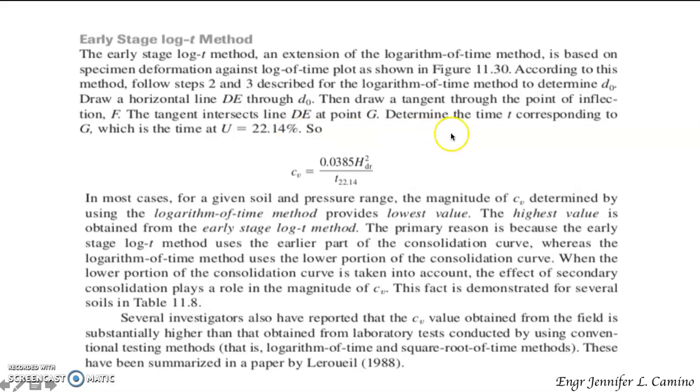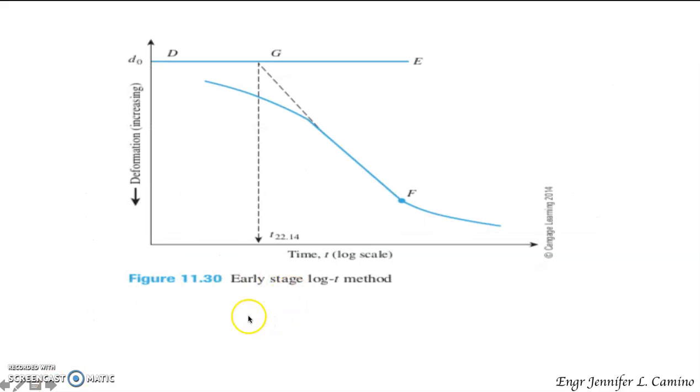Now we have the early stage log T method. This is an extension of the logarithm of time method. It is based on the specimen deformation against log of time plot as shown in this figure. Basically, this is the corresponding coefficient of consolidation for the early stage log T method. This is the figure for the early stage log T method.